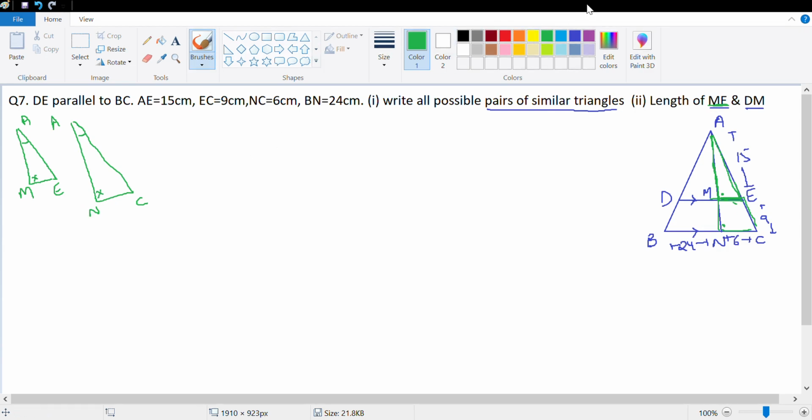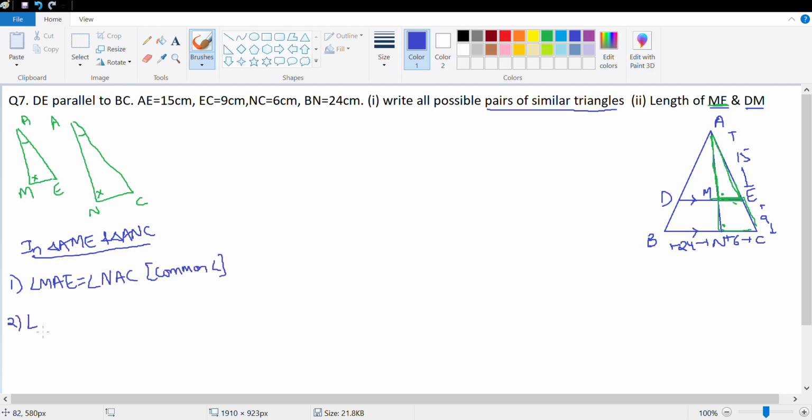So let's just write this down. In triangle AME and triangle ANC, number 1 would be angle MAE is equal to angle NAC. This is common angle.